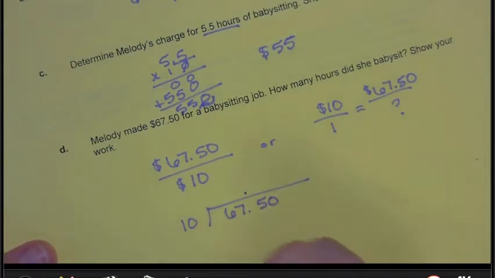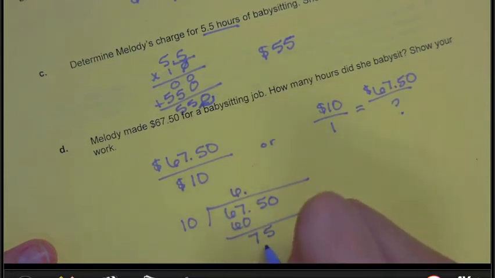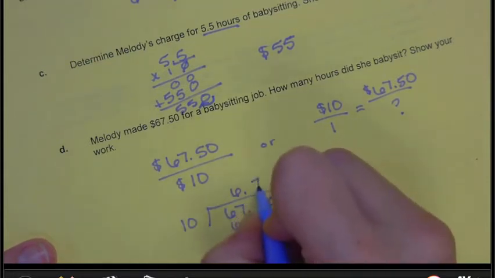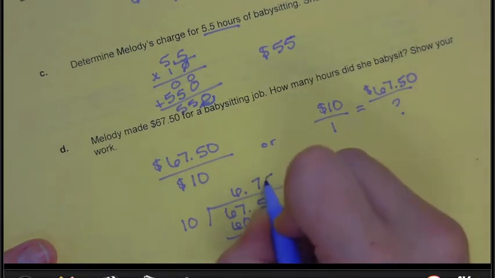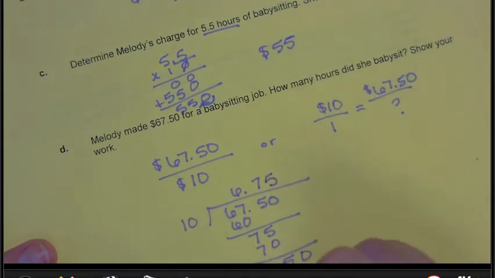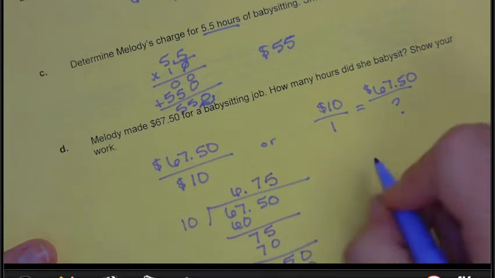I know that 10 can't go into 6, but it can go into 67, 6 times, with 7 left over. Bring down the 5. 10 can go into 75, 7 times, with 5 left. Bring down the 0. 10 can go into 50, 5 times, with nothing left over.